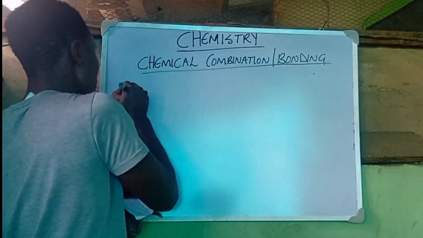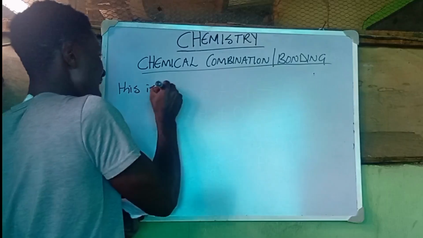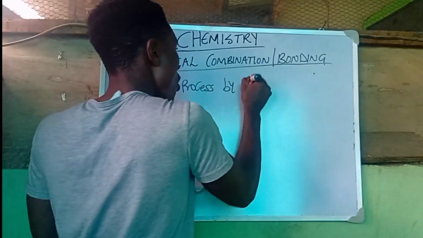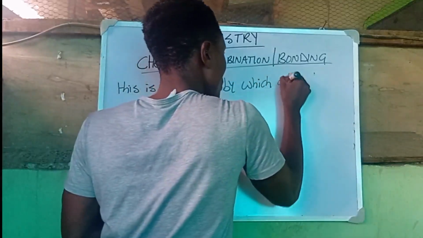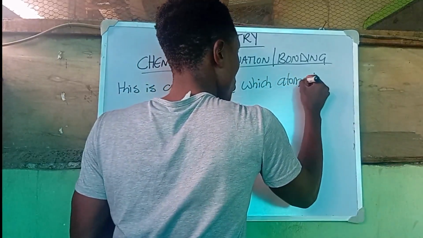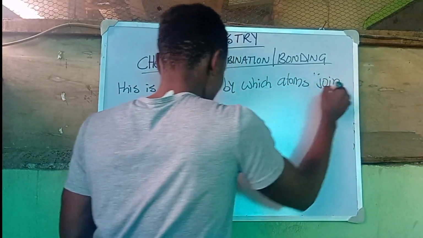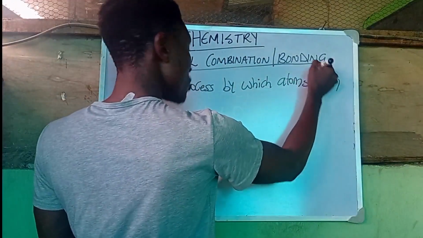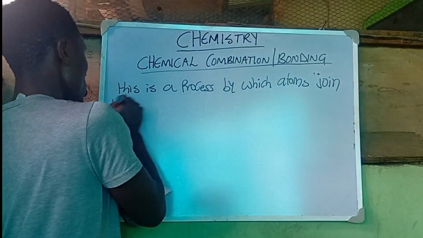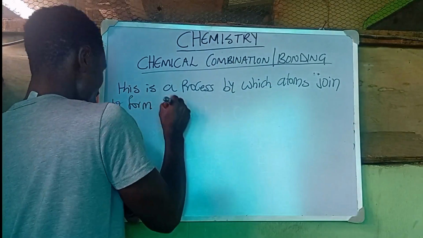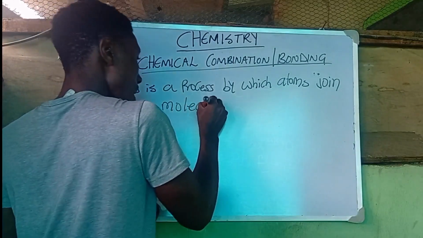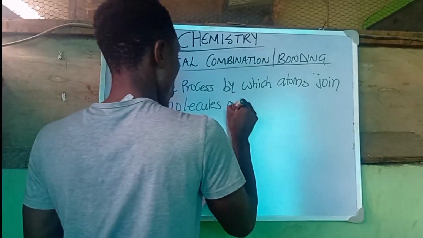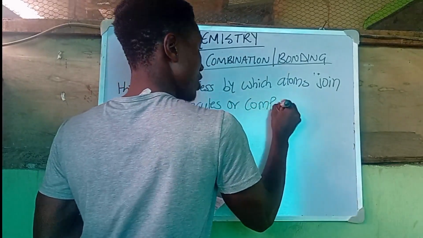Chemical combination can simply be seen as a process. This is a process by which atoms join together to form molecules, or compounds.